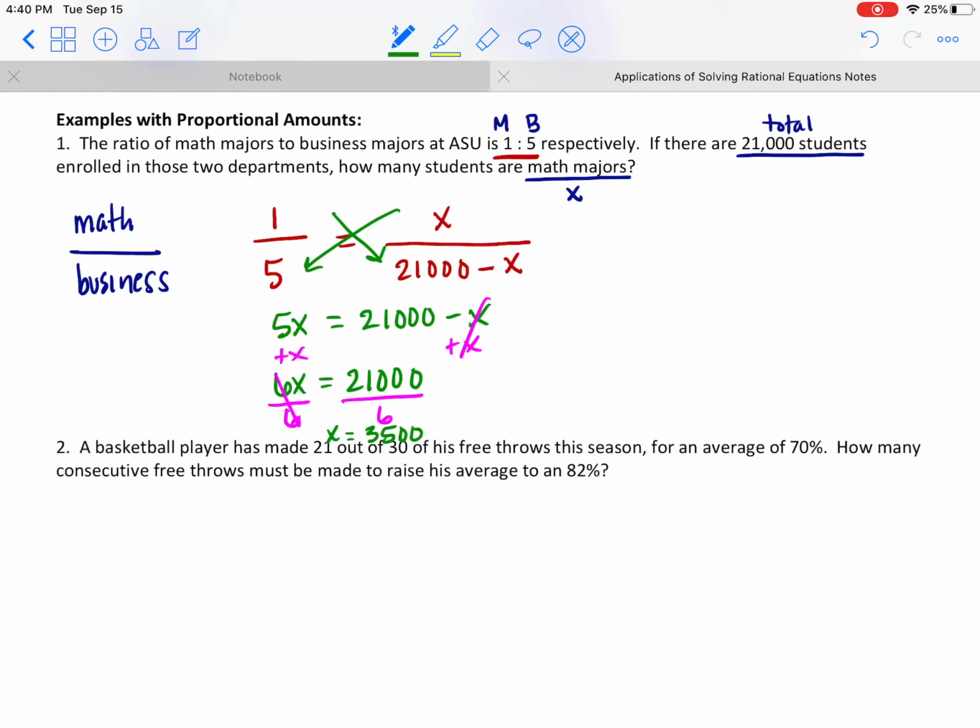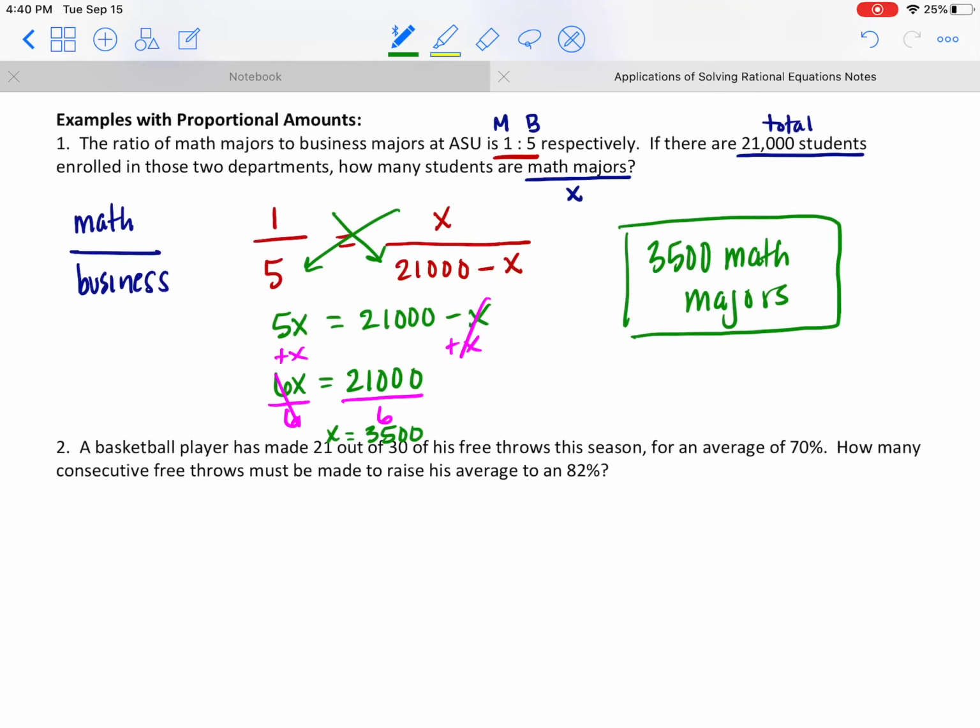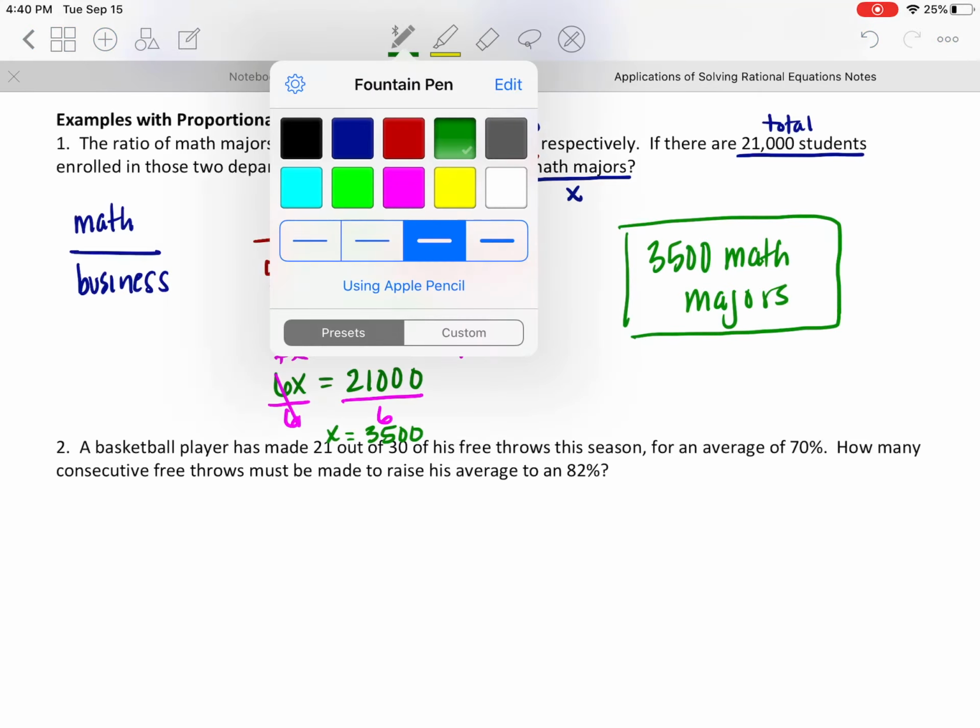So 3,500 is what we got for x, and x we said up here, remember, was the number of math majors. So we're going to say 3,500 math majors. Okay, now we want to make sure that that is a reasonable answer. So let's just kind of verify this.